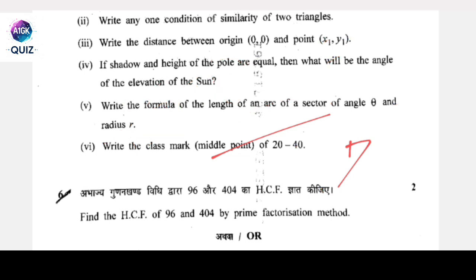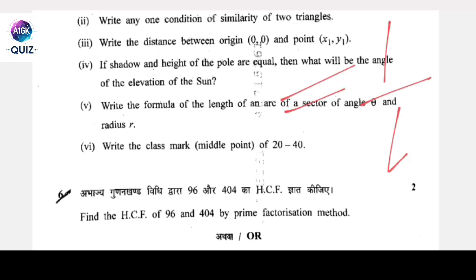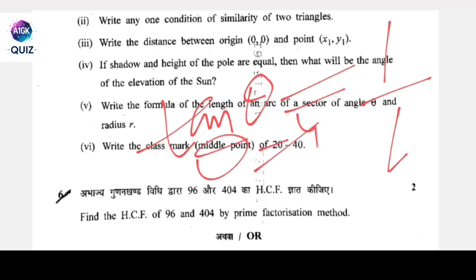From the given data, the perpendicular is 1 and the base is 1. So tan theta is 1, and the angle will be 45 degrees from the trigonometric ratio table.